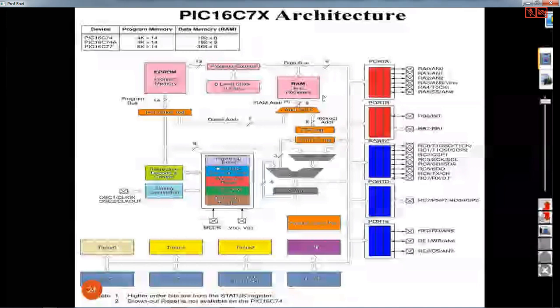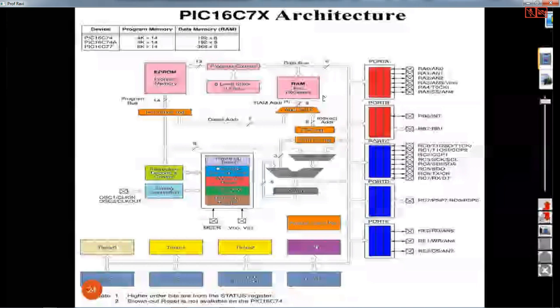So this is 14 bits, right? And this is 8 bits. So this is your data memory, RAM. And this is the program counter, which points to the next instruction to be fetched by the microcontroller.